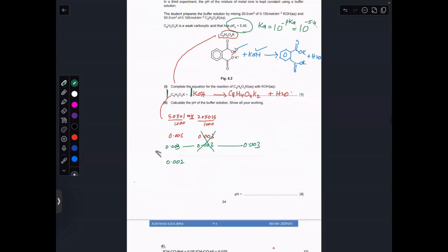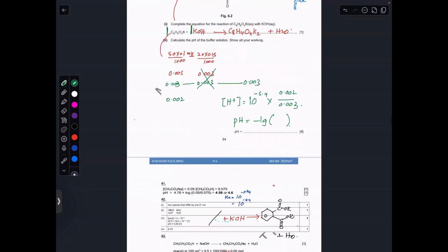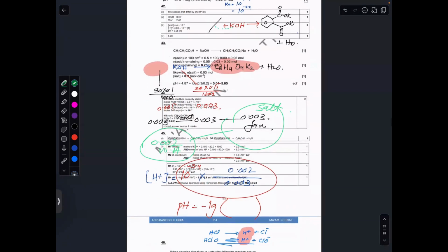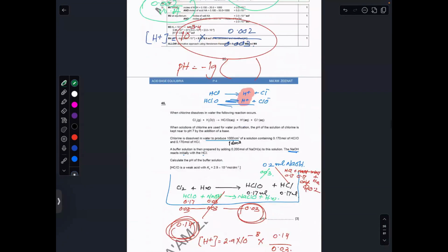So H plus is equal to Ka into weak acid over salt. And then you are supposed to calculate the pH by taking the negative log of your answer. So you are supposed to do these questions on your own.